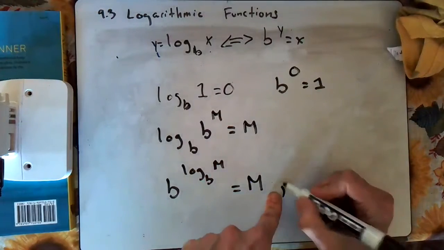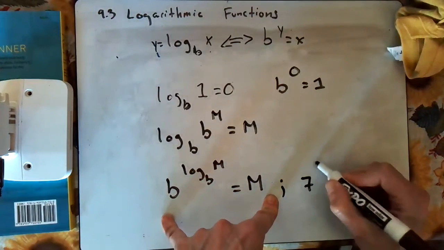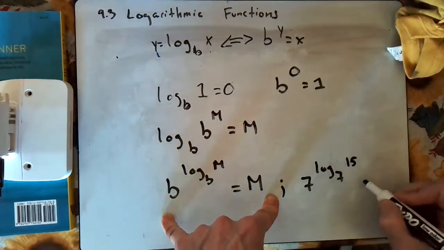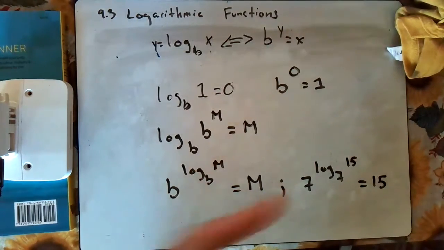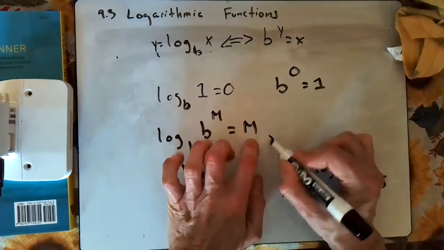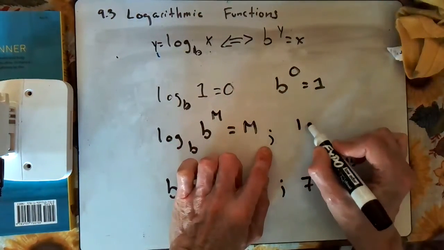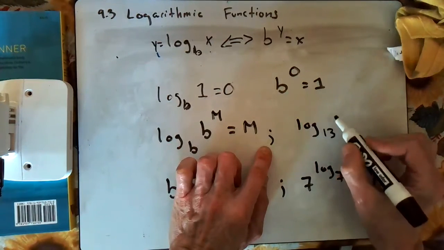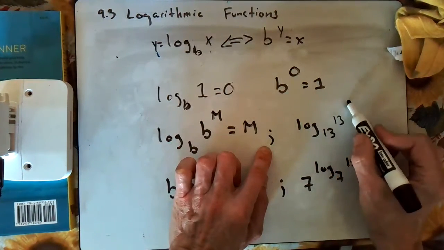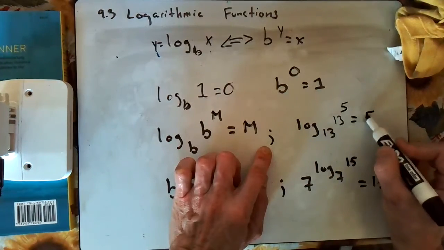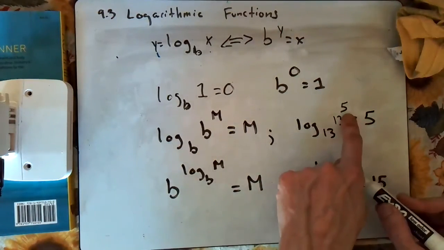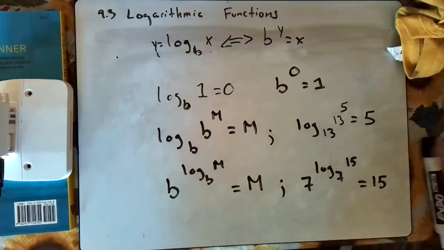So an example of this one is, say, 7 to the log base 7 of 15, your answer is just 15, okay? Or with this one, if I had log base 13 of 13 to the 5th, your answer is just 5. So if these match or those match, that's what's left over every single time.